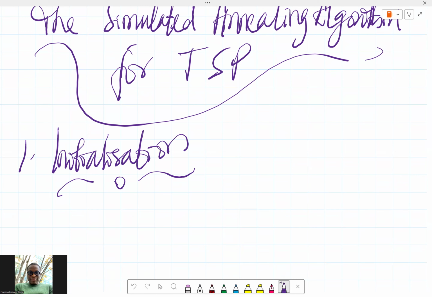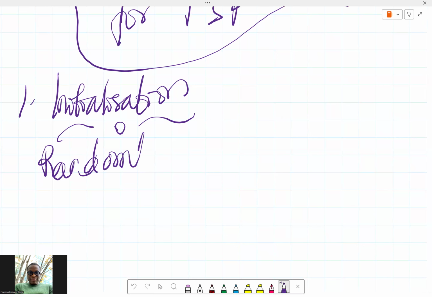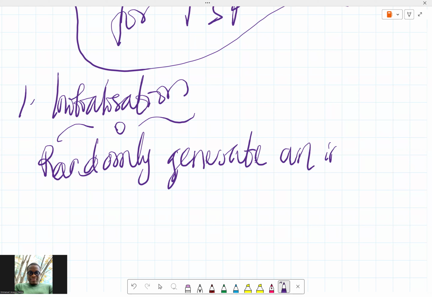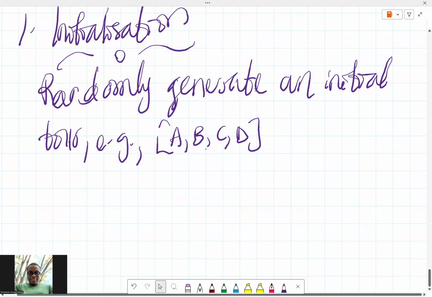This one does not involve numbers and all that. We just need to move around. So we can randomly generate an initial tour, e.g., you have A, B, C, D. These are the places the salesman has to visit.